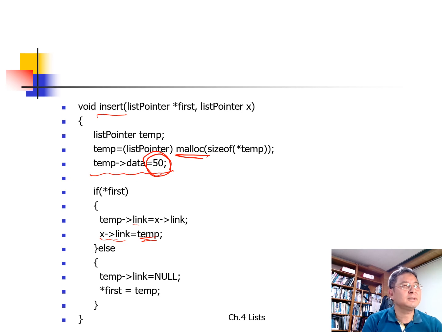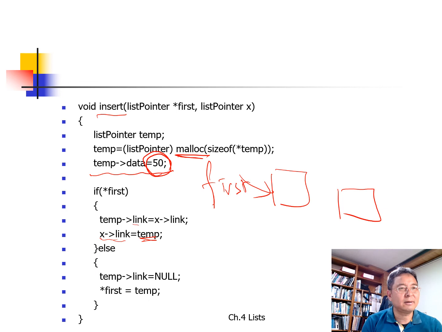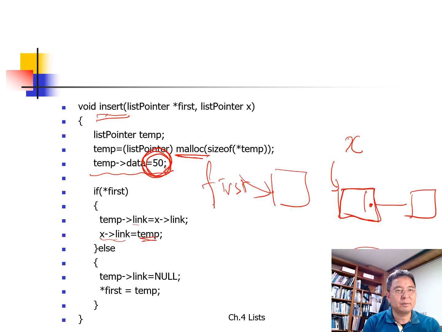So this insert means that I have one link first, and there is some element, the address is X. So this insert function tries to insert new data, but the new data is fixed here, 50. Okay, 50 will be allocated and stored here, and then temp's link will be assigned, this link will be copied to this one. If it points here, then this one.